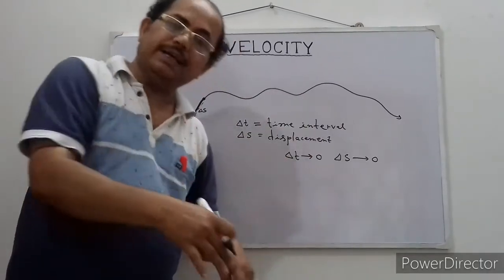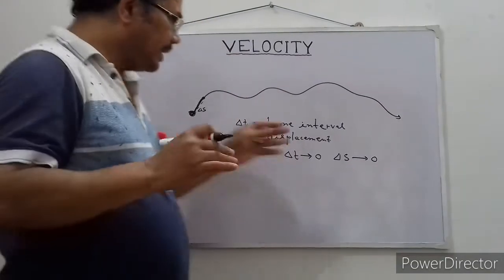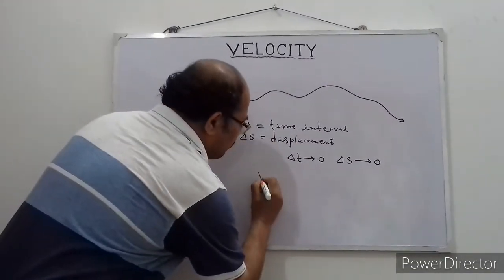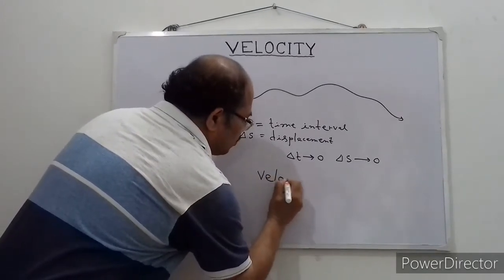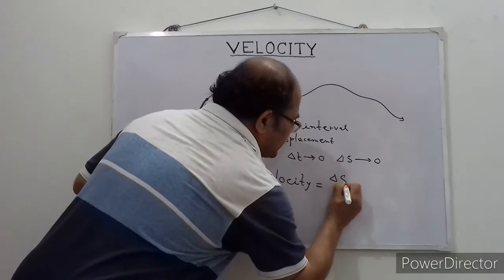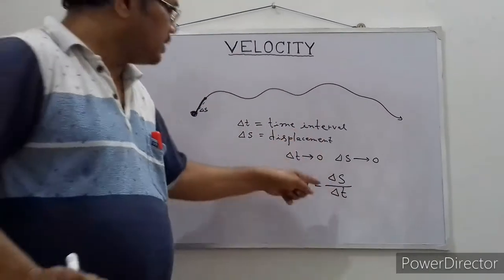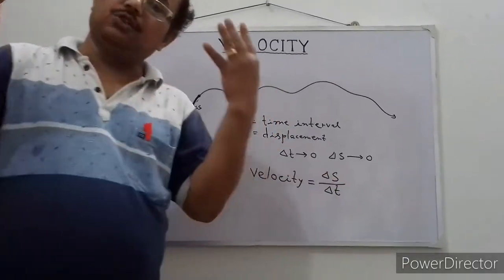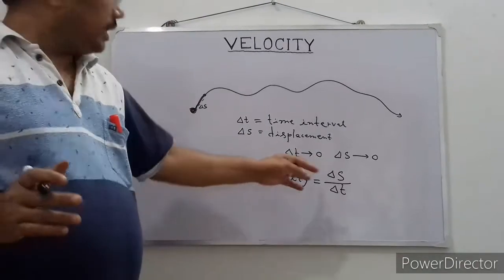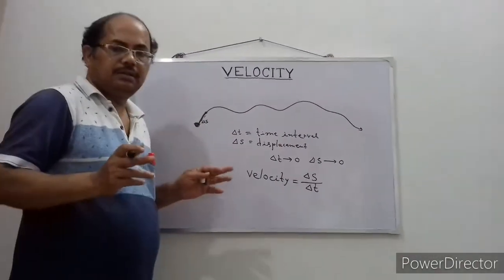In that case, the ratio of delta s to delta t is called velocity. So velocity equals delta s divided by delta t, at that instant.